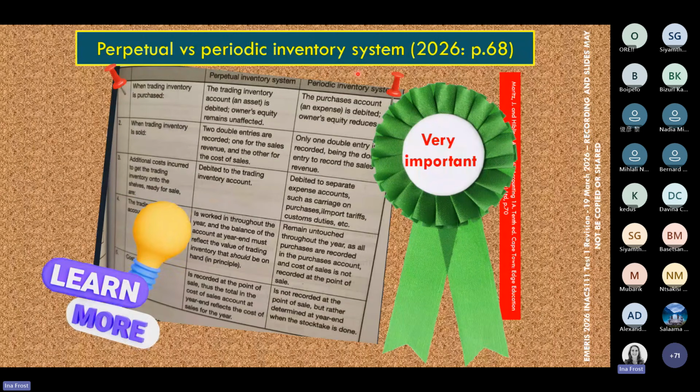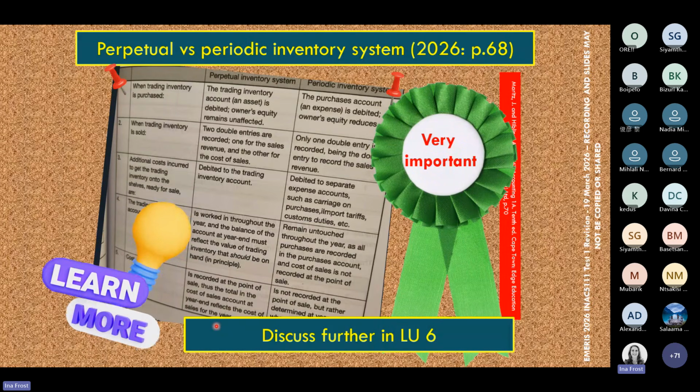Now, up until the end of Learning Unit 2, we only really give you a brief introduction to the two inventory systems. And then right at the end of the semester, in Learning Unit number 6, we are going to go into this in a lot more detail.